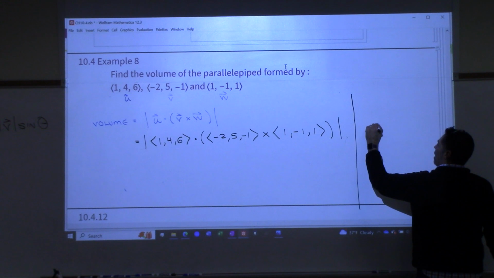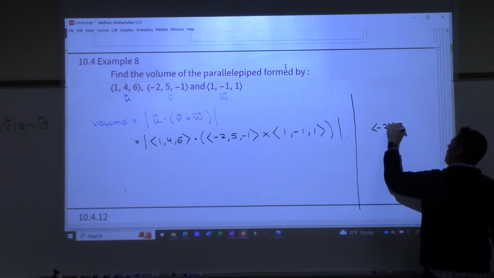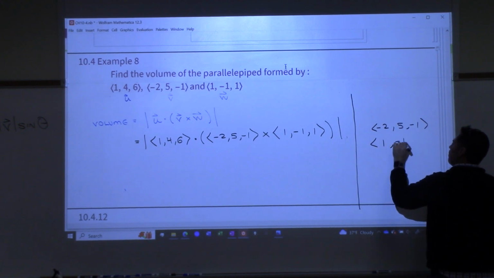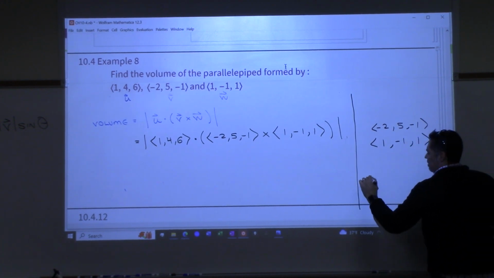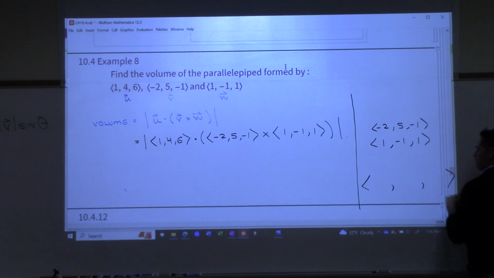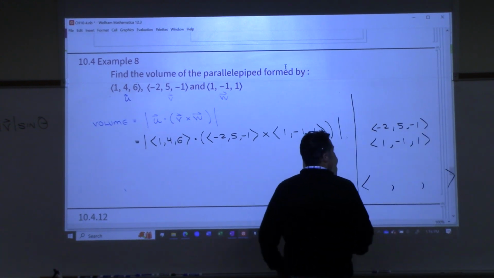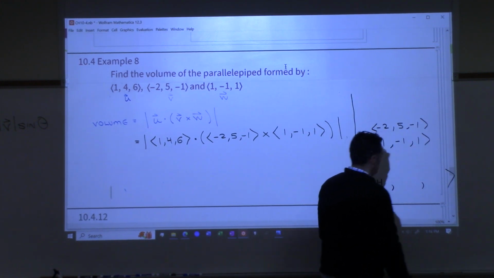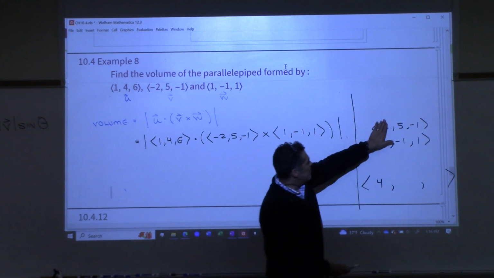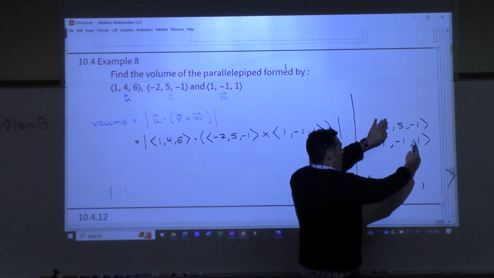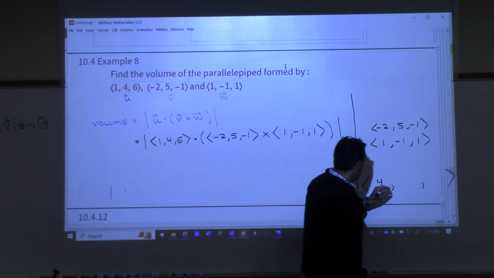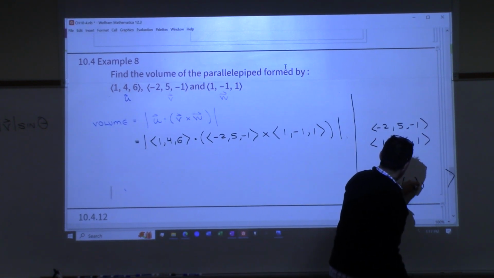So I'm going to take my -2, 5, -1. I'm going to cross it with the 1, -1, 1. That's going to give me a result over here. Cover this up. 5, take away 1, 4. Right? That's my determinant. 5, take away the product of those two. So 5 minus 1 is 4. All right, the next one, I'm going to have a negative in front.